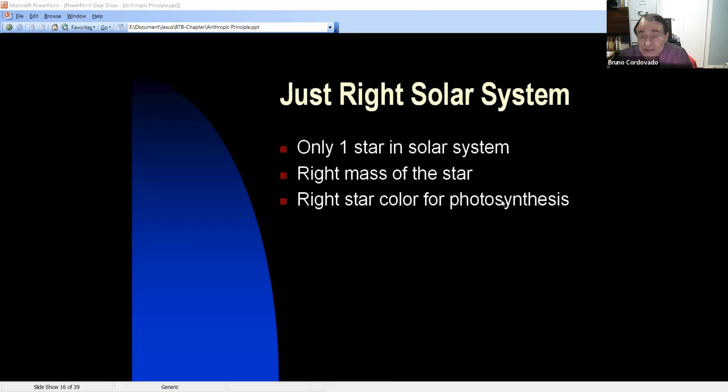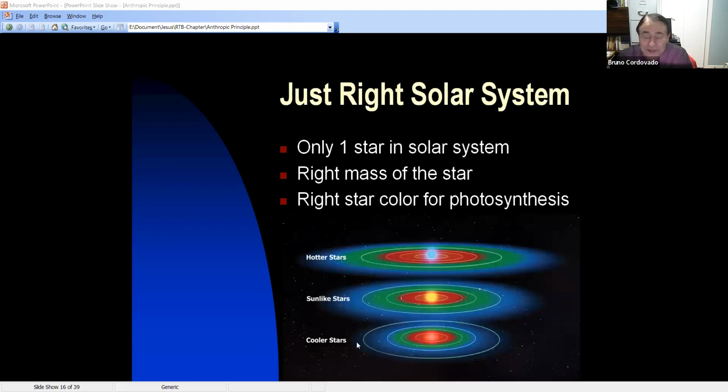And you need to have the right color so that the light that's hitting the planet can produce photosynthesis. Here's an example of three colors of stars. A cooler star, which you can't really see, doesn't produce much light. A star like the sun is mainly yellow. If it's hotter, the light is actually bluer.